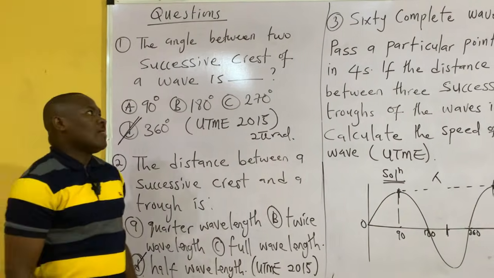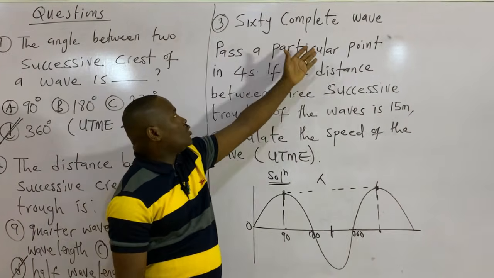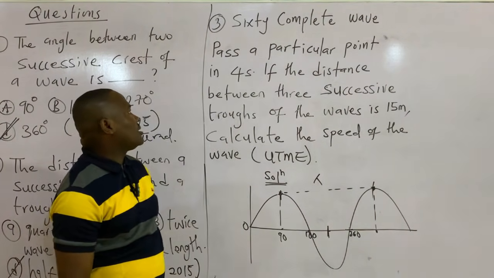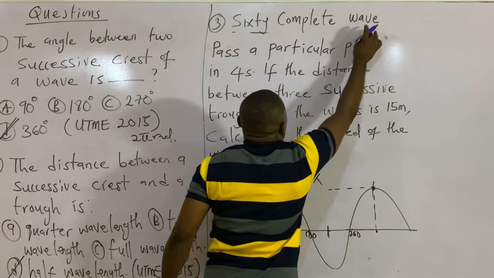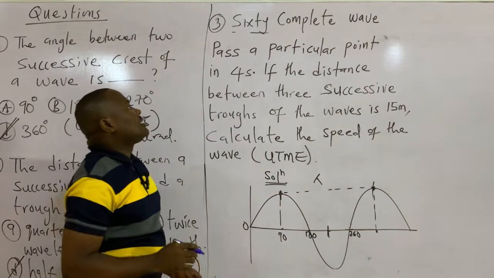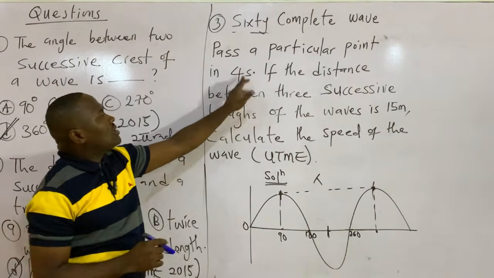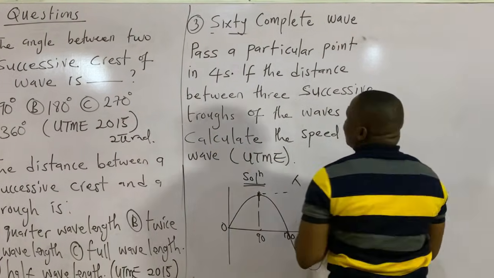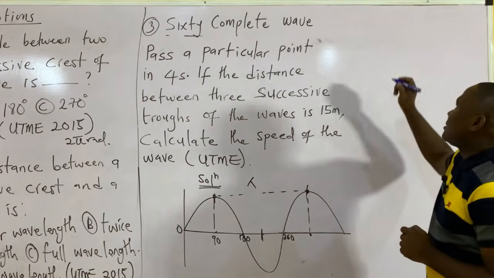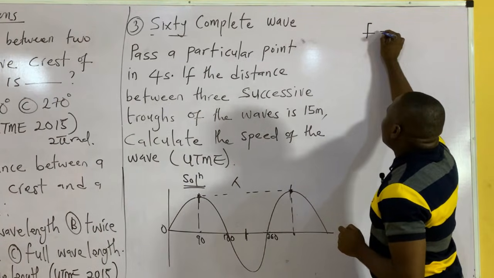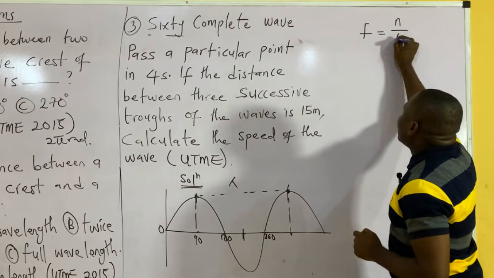That is the answer. Now for the third question, we said 60 complete waves pass a particular point in 4 seconds. There is something within this first sentence. What this first sentence is trying to show us is a term in waves called frequency. Frequency is equal to number of oscillations over time taken.